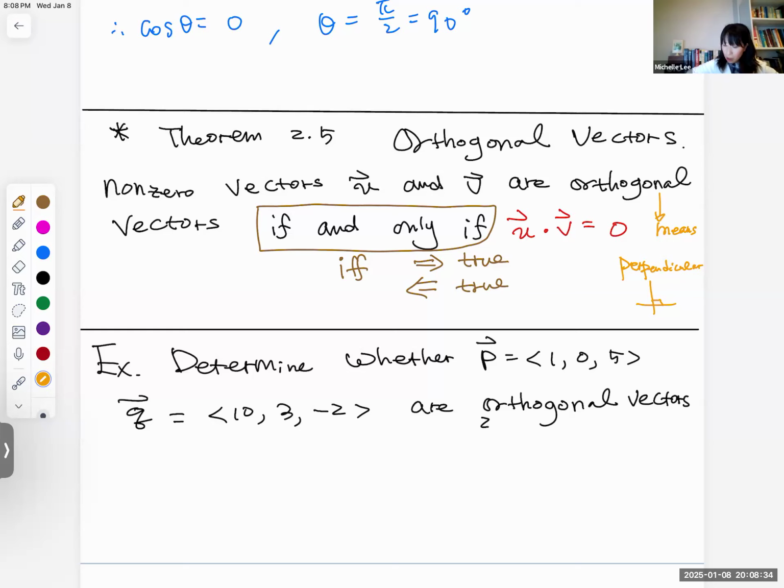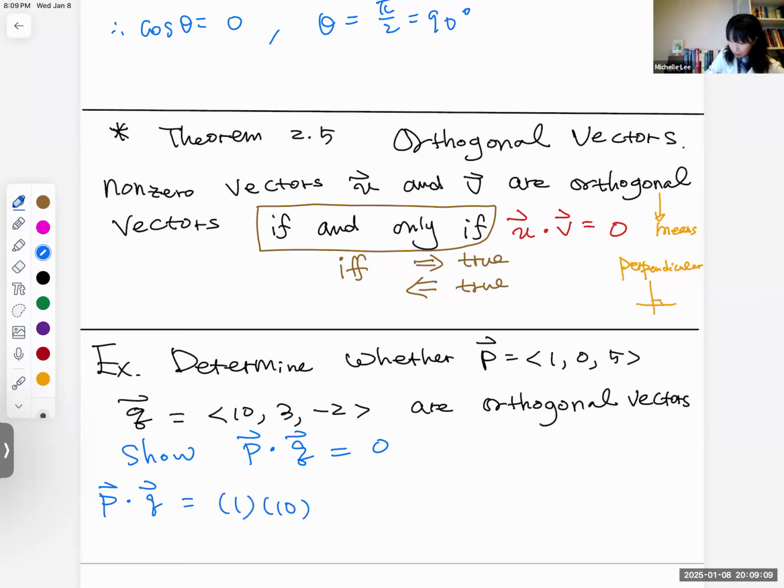Okay, so I also copied here: determine whether this vector and that vector are orthogonal vectors, right? So let's find out. Okay, then we have to show that the dot product of the two vectors is equal to 0, right? Okay, so P dot Q. So 1 times 10 plus 0 times 3 plus 5 times negative 2.